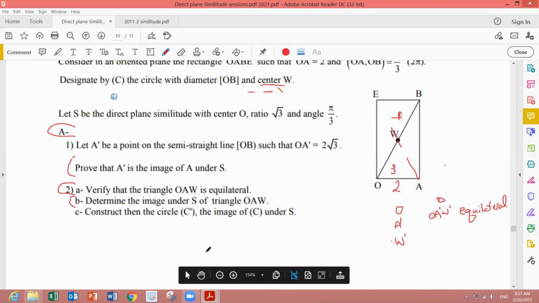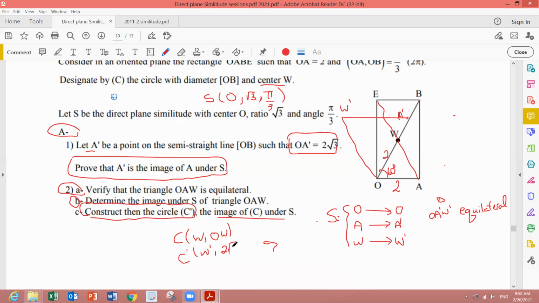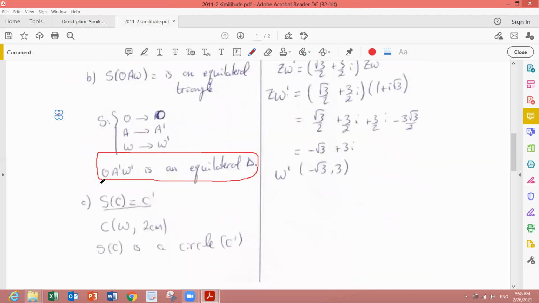Circle of center W prime and radius 2 radical 3: absolute value of K times R. We multiply the length by K. So we have the circle C of center W, radius 2 centimeters.